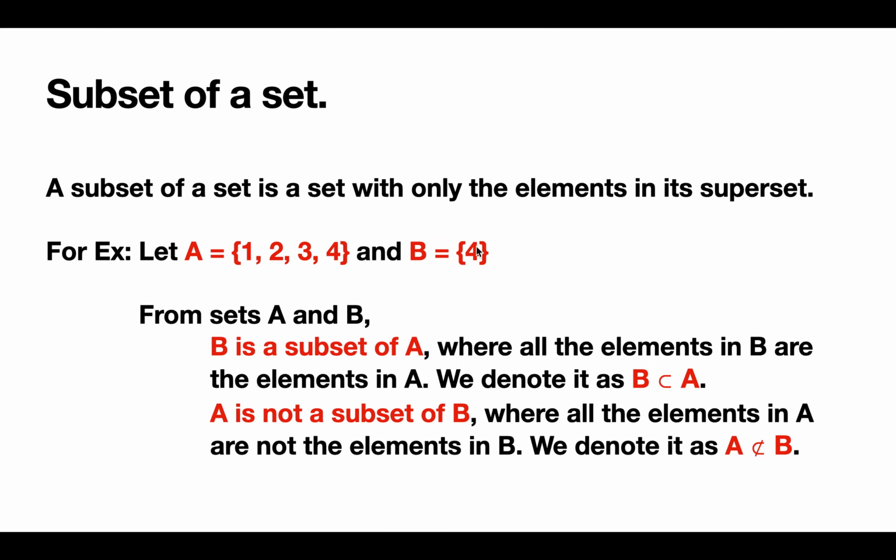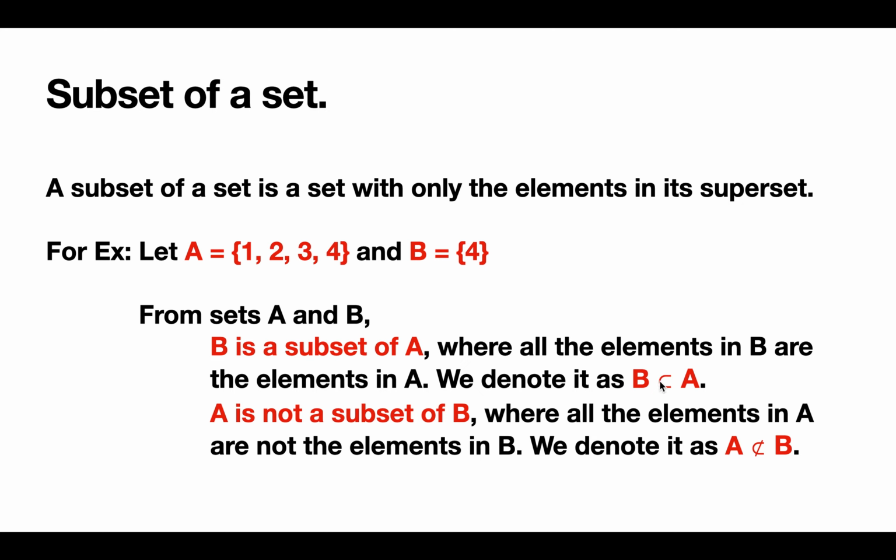So A is not a subset of B, while B is a subset of A, because B only has the element 4 and doesn't have any element other than the elements in A. From the sets A and B, as I mentioned just now, B is a subset of A where all the elements in B are elements in set A, and we denote it as B subset of A. This is the notation for subset, and the open mouth should be on the bigger set.